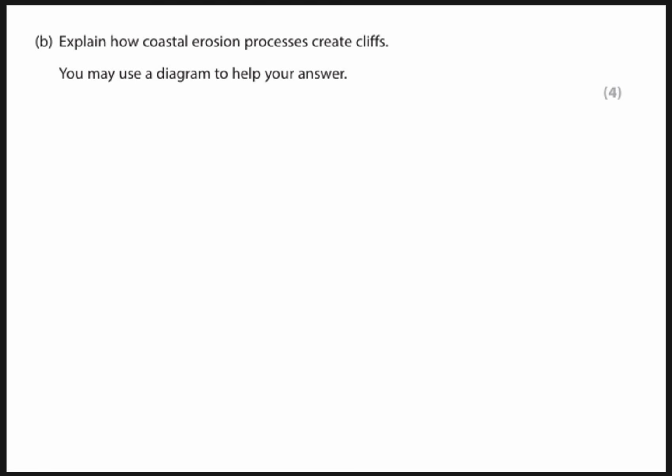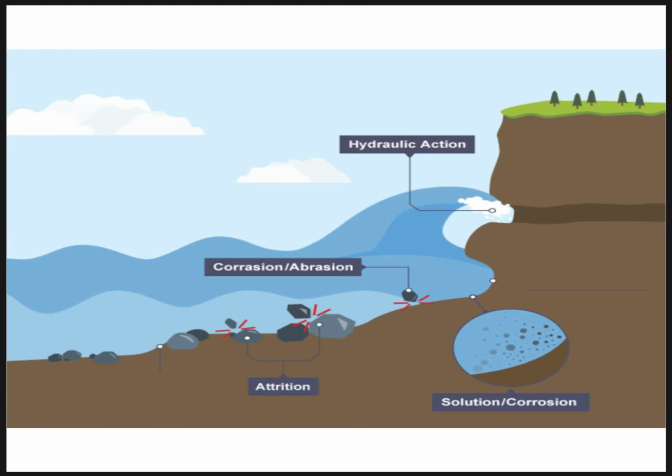So staying with our cliffs, this is a nice question explaining how coastal erosion processes create cliffs. You may use a diagram to help your answer. So no marks for the diagram itself, but obviously useful to do. If you've been taught by me, we do quite a few diagrams. We've probably drawn something like this. So think about erosional processes.